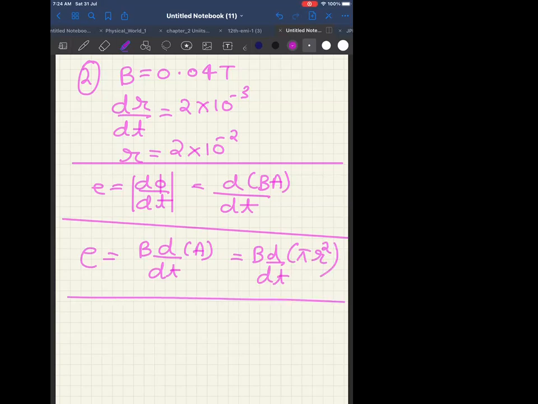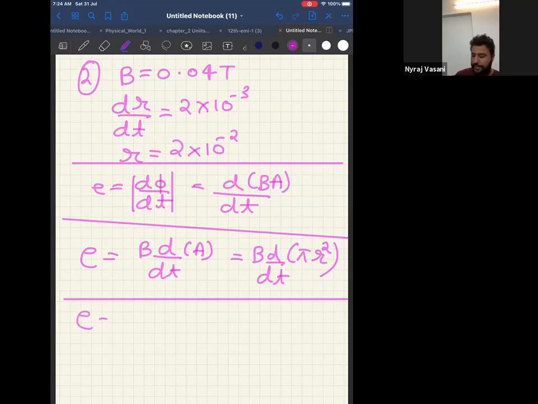See, I'm doing all steps. You should understand step by step what is happening. Therefore, E is equal to B outside, pi outside, because these are constants, d r square by dt.